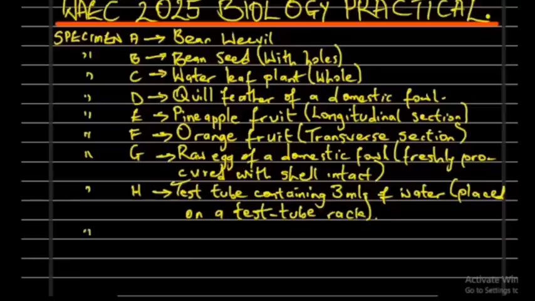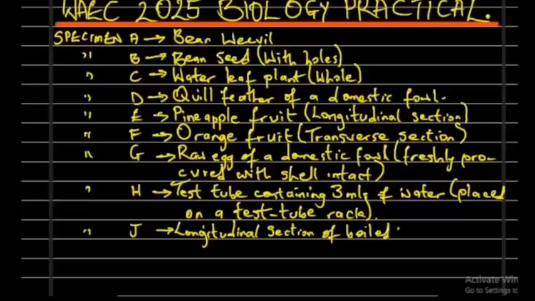That's our specimen H. And our specimen J is the longitudinal section of boiled fish with shell. So these are the list of specimens that WAEC has given to us this year to use as the biology practical examination.